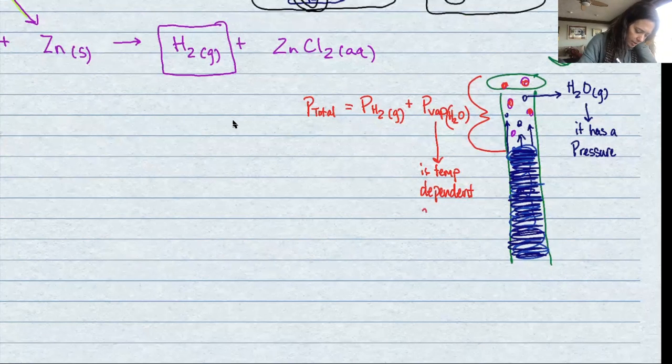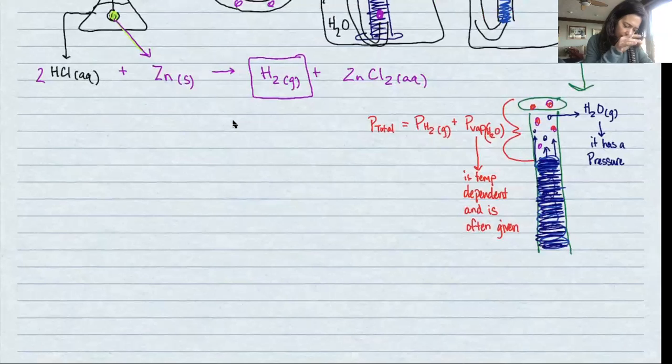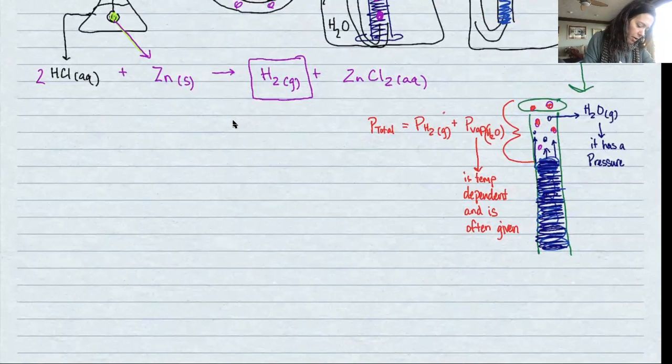This is often given, or you can easily look it up. There are reference tables for all of that data. We, however, are concerned with the hydrogen, right? Because we collected the hydrogen gas over the water.